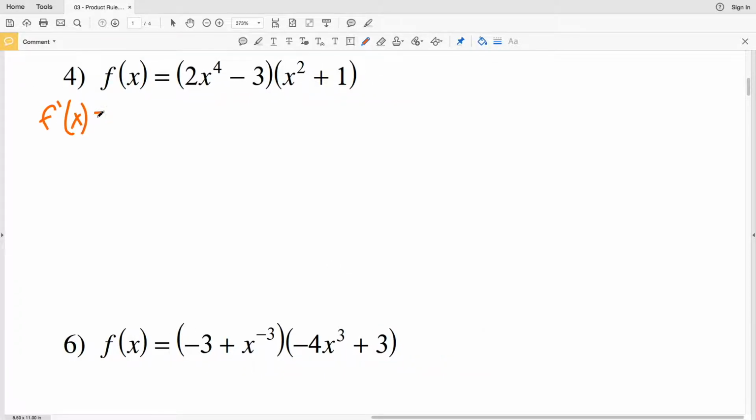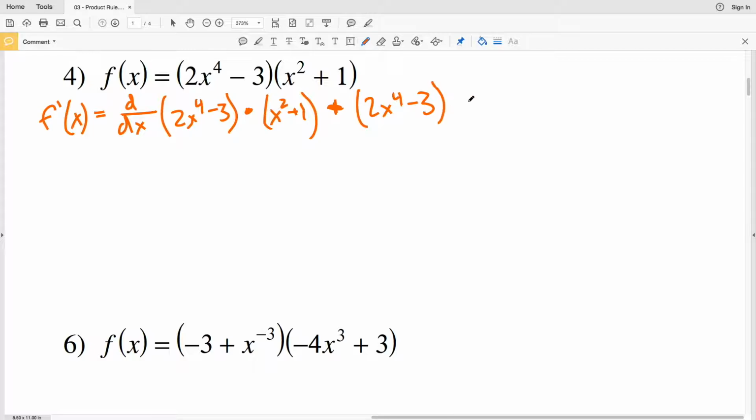So the derivative of f of x is going to equal the derivative of that first binomial, 2x to the 4th minus 3, times my second binomial, x squared plus 1, plus my first binomial, 2x to the 4th minus 3, times the derivative of my second binomial, x squared plus 1.